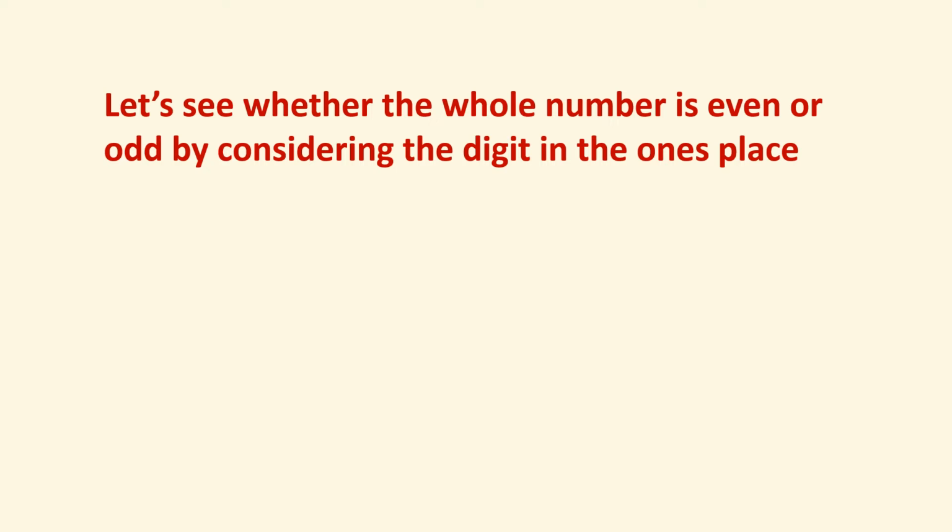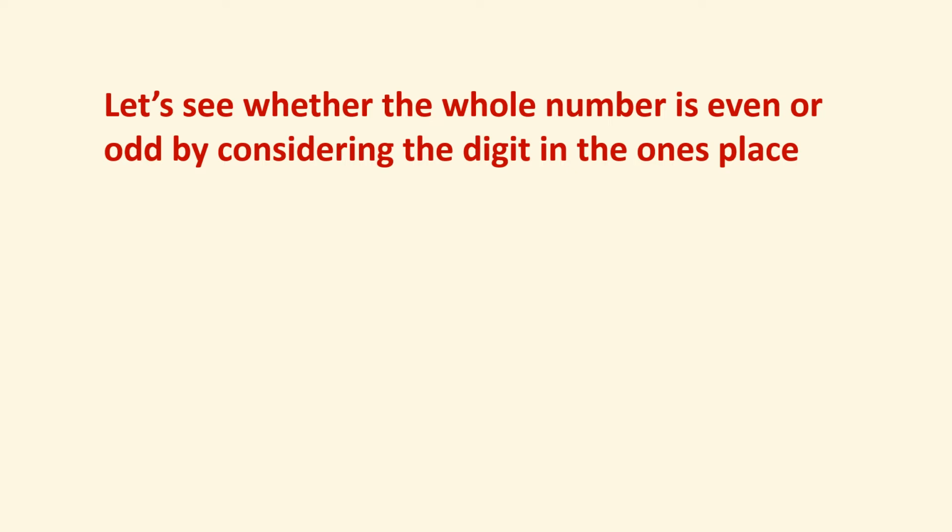Next, we are going to see whether the whole number is even or odd by considering the digit in the ones place. That means when a larger number is given, it's very time consuming to divide the number by 2 and check whether it's odd or even. Therefore, we are going to use a small method to easily find whether the given number is odd or even.